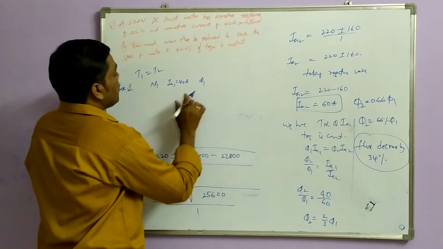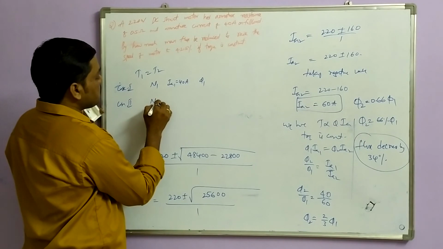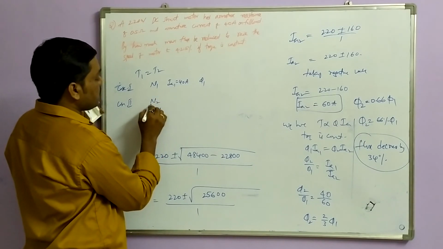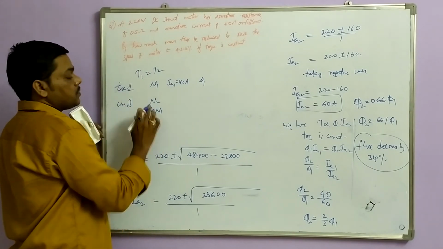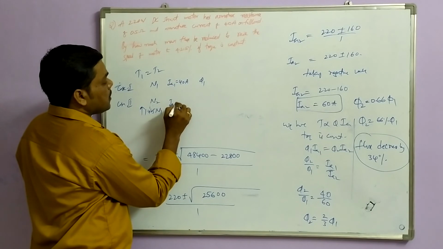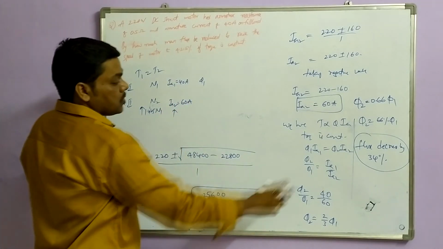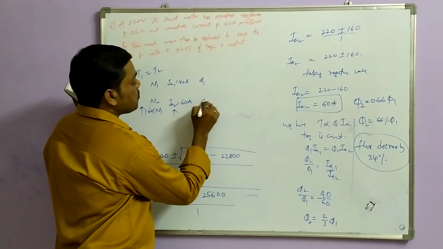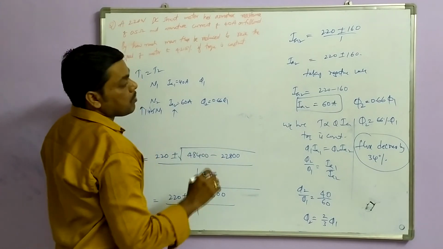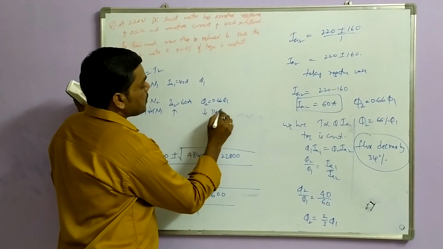Now in case 2, N2 is the speed, which is 1.425 times N1, so the speed is increased. The armature current is 60 amperes, so it is also increased. The flux phi 2 is equal to 0.66 times phi 1, so this flux is decreased by 34%.